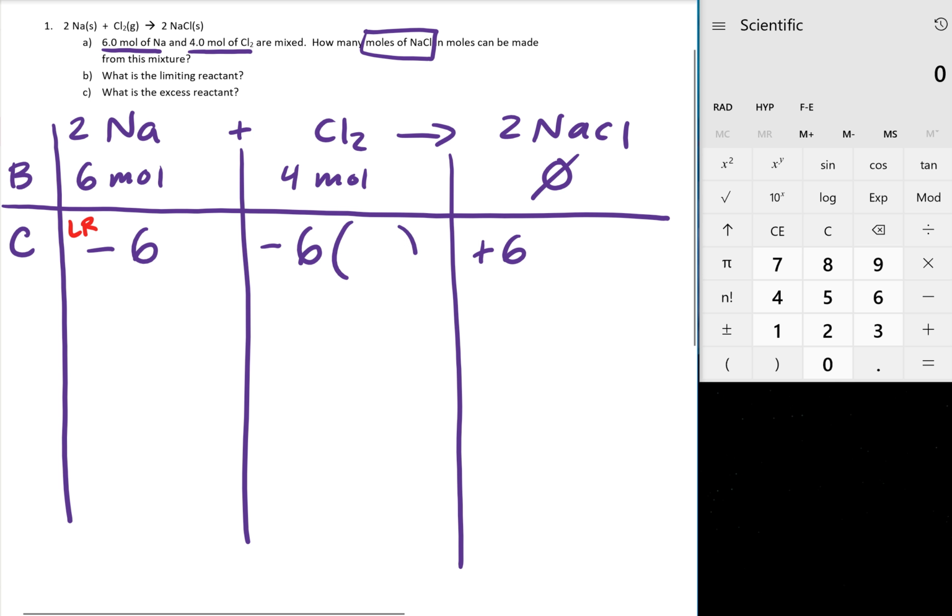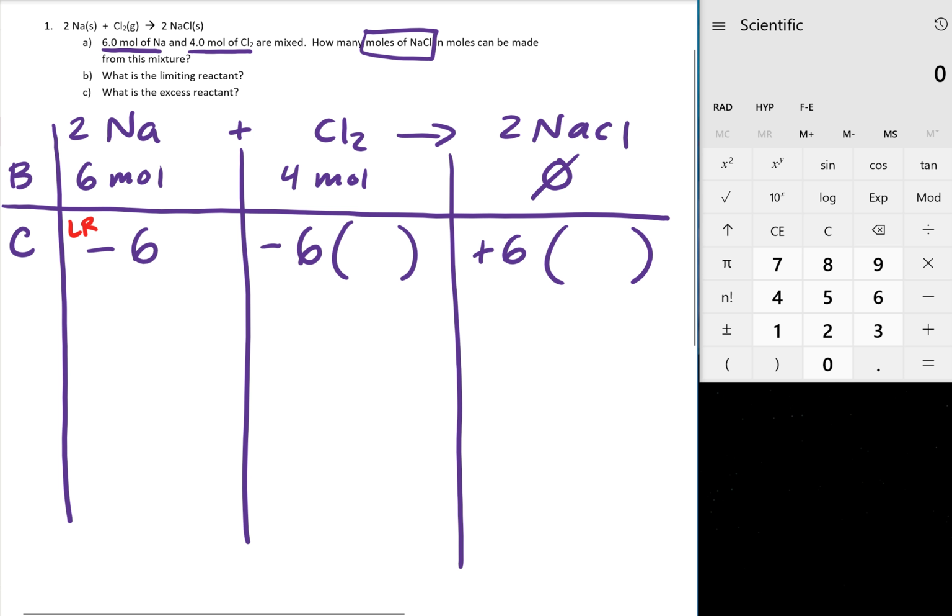So now we're going to multiply all the other columns, everything but your limiting column, by a mole ratio, which means that fraction. The fraction comes from the coefficients. Since I am going to solve for chlorine, I'm going to put its coefficient in the numerator. So the column that you're in, what you're solving for, in this case the chlorine, the coefficient of that compound goes in the numerator.